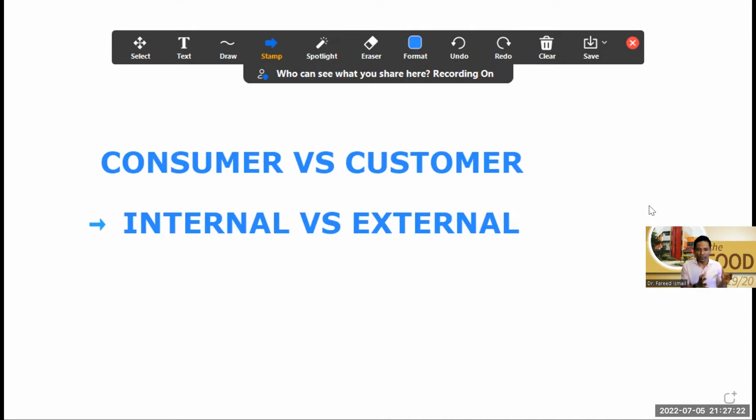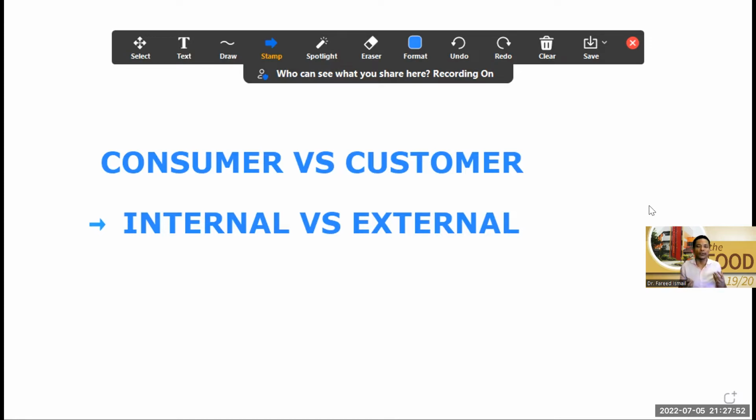That is consumer. And within this consumer, there are two definitions or two contexts that we have to understand. One is what you call internal consumer, and another one is external consumer. Why do we need to understand this? Because sometimes the needs or the wants, which we will understand towards the end of the lecture today, of the internal consumer might differ from the needs and wants of the external consumer.